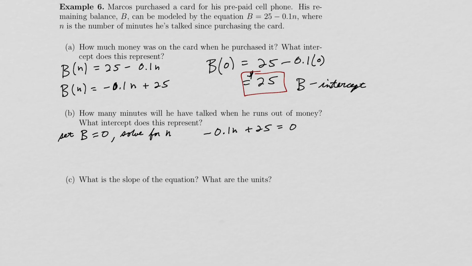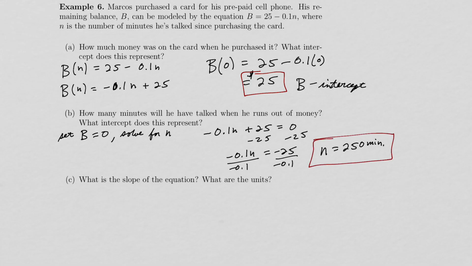So let's solve that for n. I'll subtract 25, so I have negative 0.1n is equal to negative 25. Then if I divide by negative 0.1, n is going to be positive, and it's divided by 10, so it's going to be 250. So n is 250, and remember, it has units of minutes.